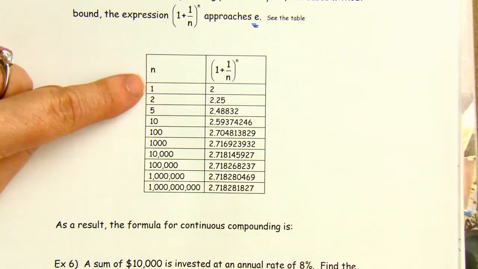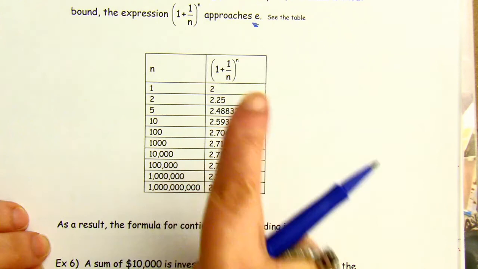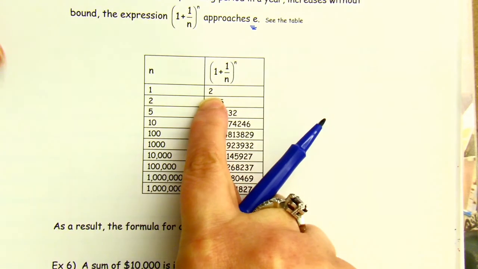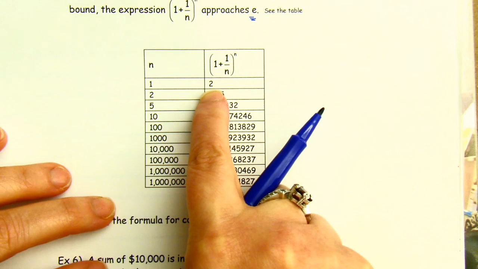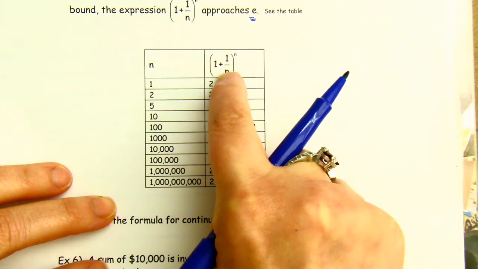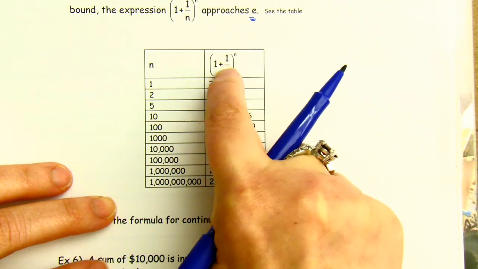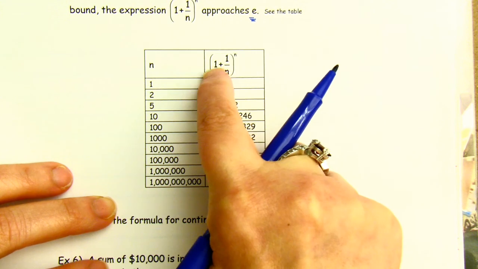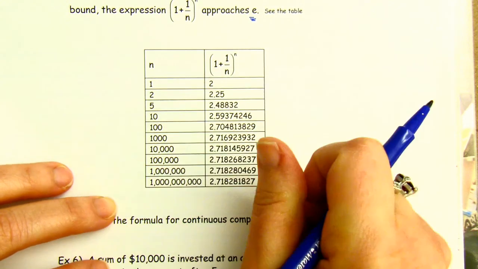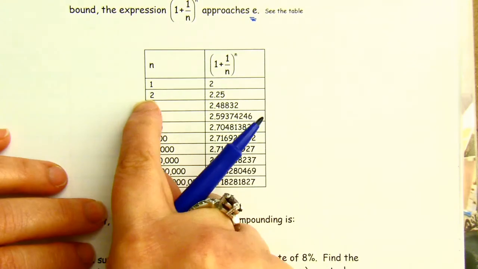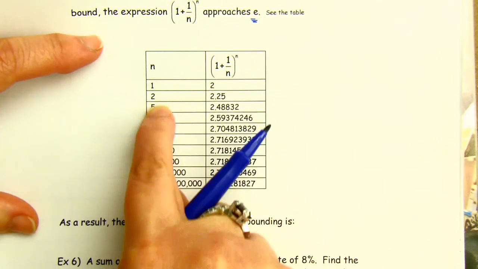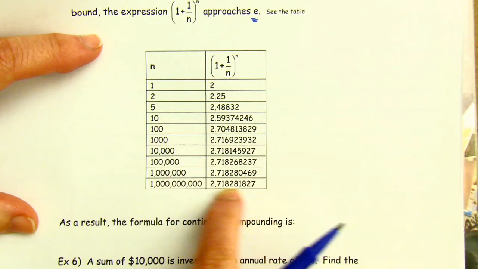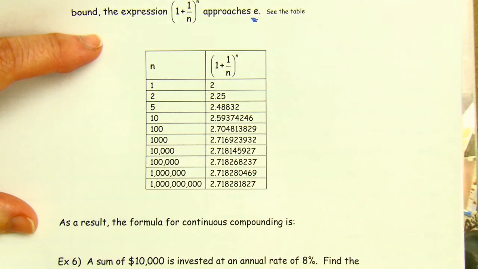So when n is 1, the formula evaluates to 2, right? Because you would put a 1 in here and a 1 in there. This would be 1 plus 1 over 1, which is 2, raised to the power of 1 is 2. When n is 2, this changes a little bit. And as this gets larger and larger, we see that this number approaches E.